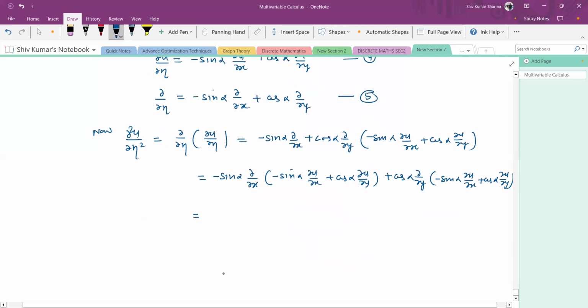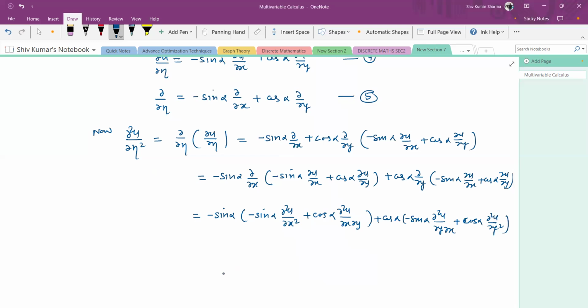So this equals minus sin alpha, and we differentiate this: first this is constant, and differentiation of del u upon del x is del square u upon del x square, plus cos alpha into del square u upon del x del y, plus, here is minus sin alpha del square u upon del y del x, plus cos alpha del square u upon del y square.